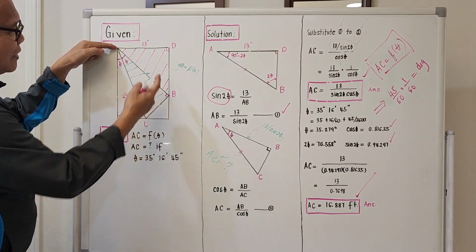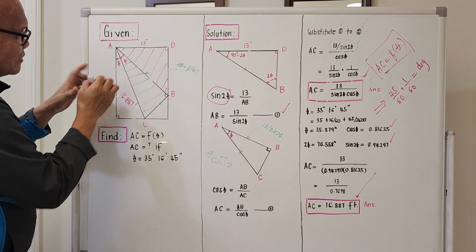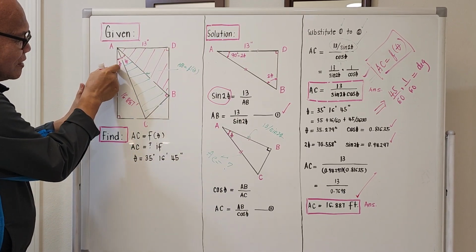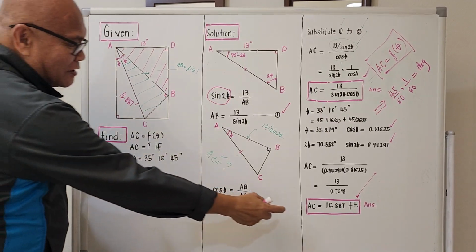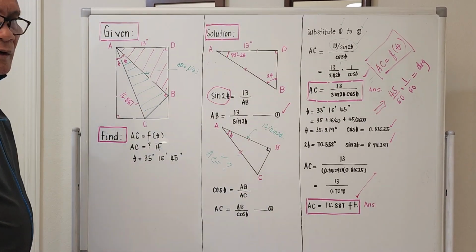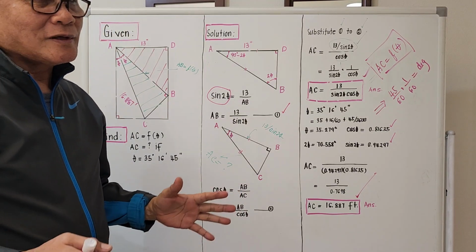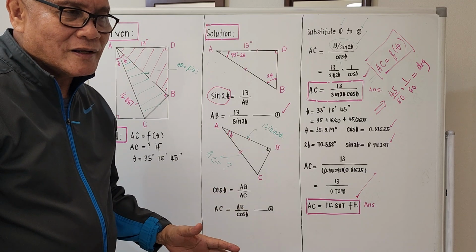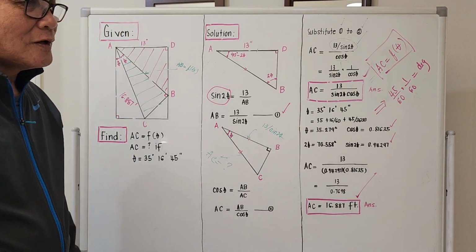Meaning, if this is 13 inches and the problem says this is theta and this is theta, the value of AC will be 16.887.